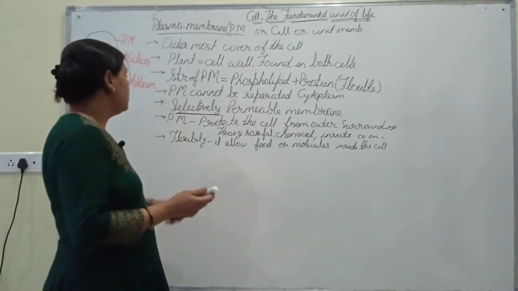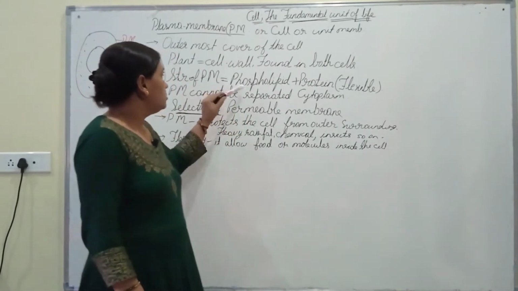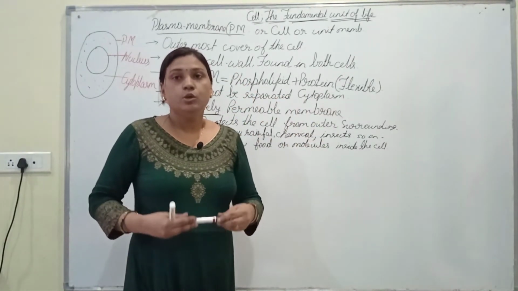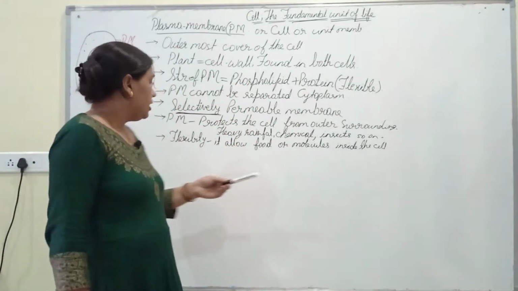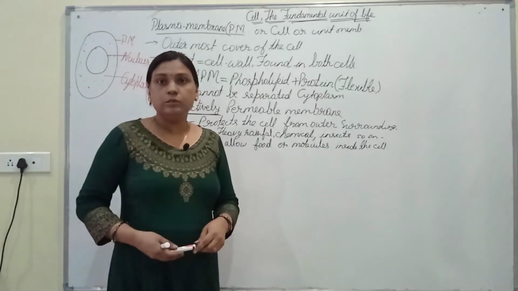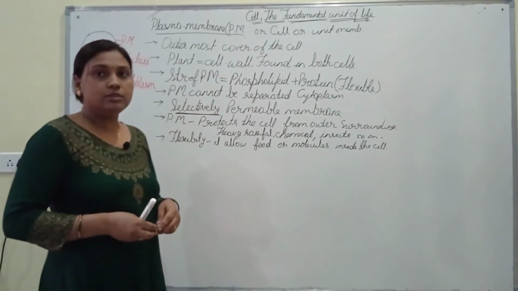Plasma membrane is the selectively permeable membrane also, and its outer membrane is made up of phospholipid and proteins, so it makes the cover flexible, and because of this flexibility it allows food or molecules or gases or carbon dioxide to enter inside the cell.